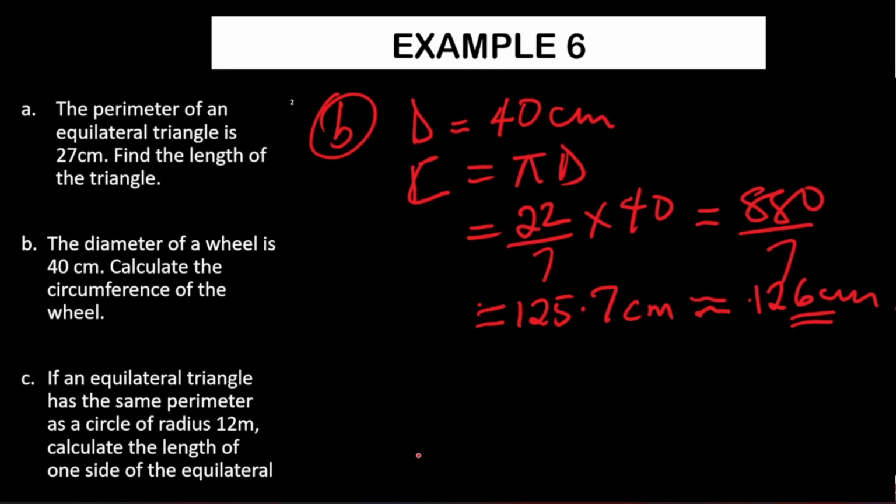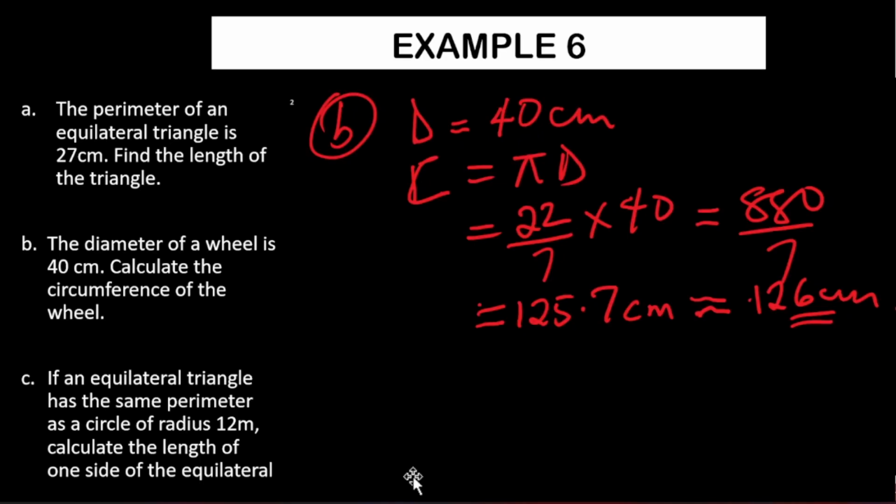Now, the last part here is if an equilateral triangle has the same perimeter as a circle of radius 12 meters, calculate the length of one side of the equilateral triangle. So that's what it means there. So how do we do that? So let's erase this as well.